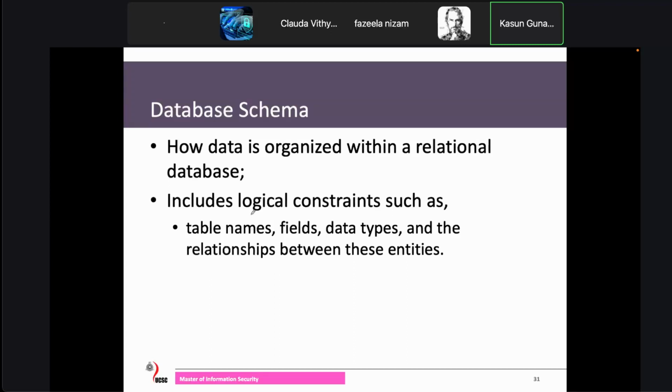The database schema is considered the blueprint of a database. It describes how the data may relate to other tables or other data models. However, the database schema does not actually contain data. That's why we call it the blueprint.